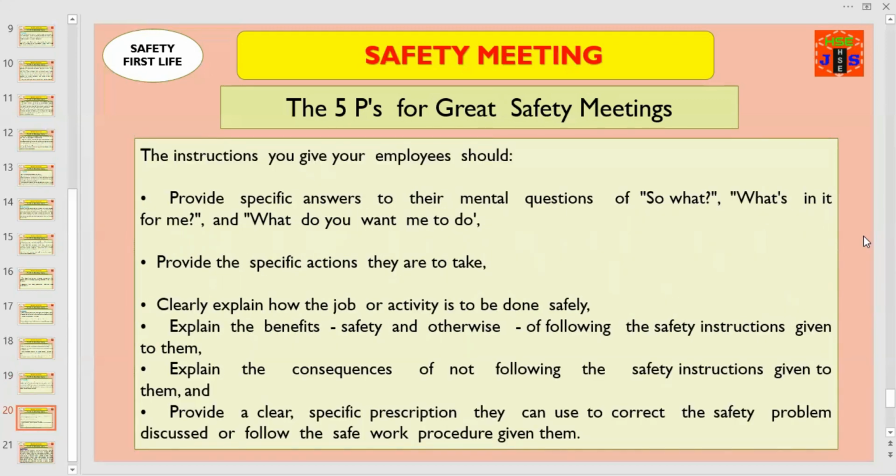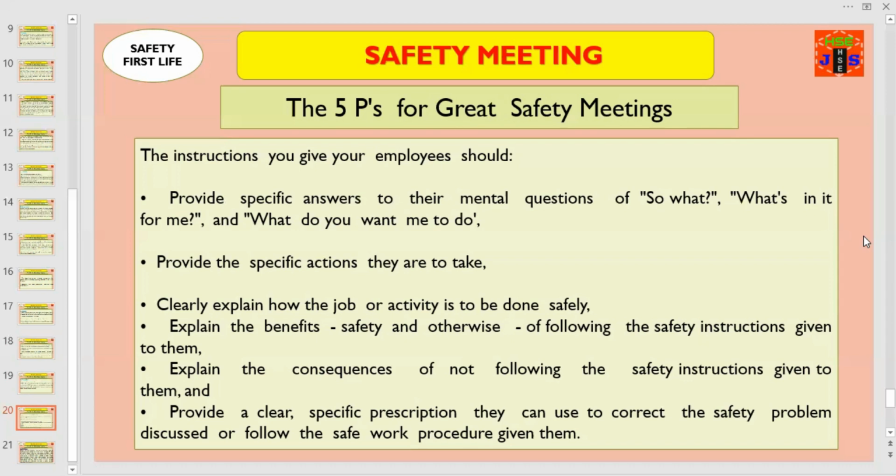Dear friends and colleagues, the instructions you give your employees should provide specific answers to their mental questions of so what, what's in it for me, and what do you want me to do. You have to guide and provide the specific actions they are to take. Clearly explain how the job or activity is to be done safely.